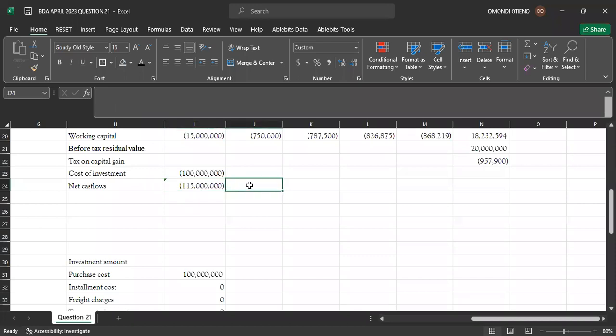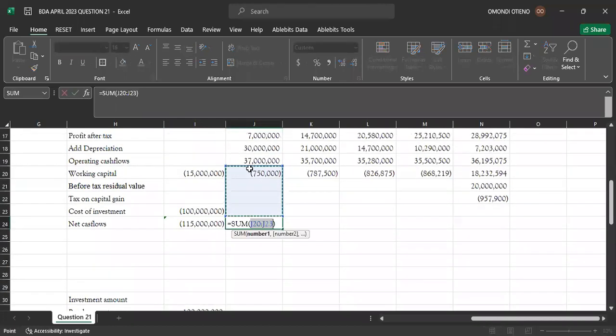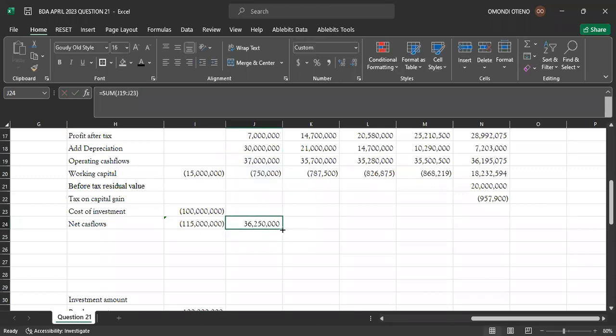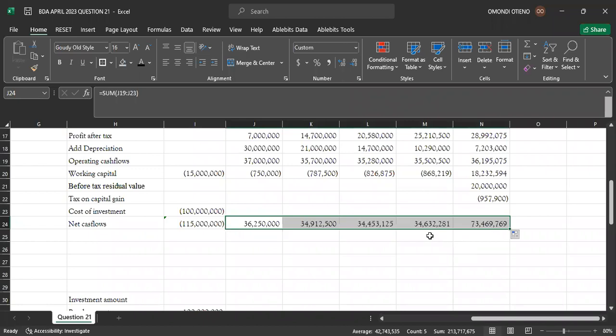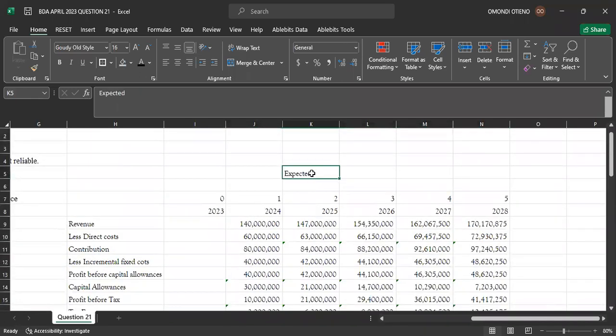About these other ones, we are going to get the operating cash flows minus, of course, it is already in negative form. So we just put summation formula to make it now get for us the summation. And then I do that to the very last point of my project. So that is the net cash flows under expected scenario. Under expected.